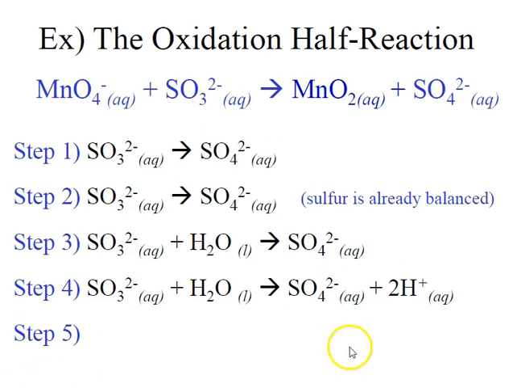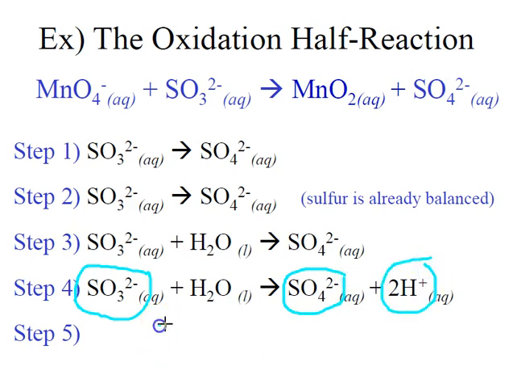And finally, electrons. On the left, we have -2. On the right, we have -2 and +2. So we've got -2 on the left and 0 total on the right. Now, the point of the electrons is to make them the same.